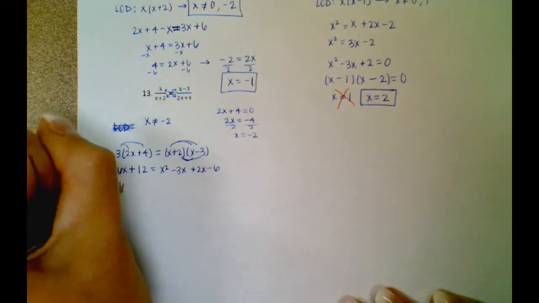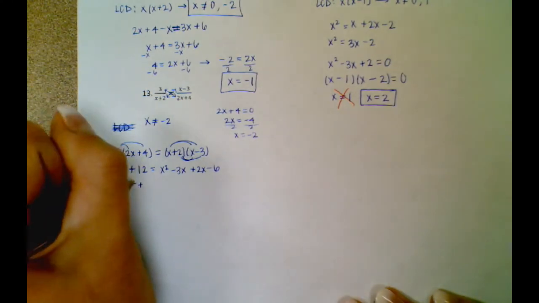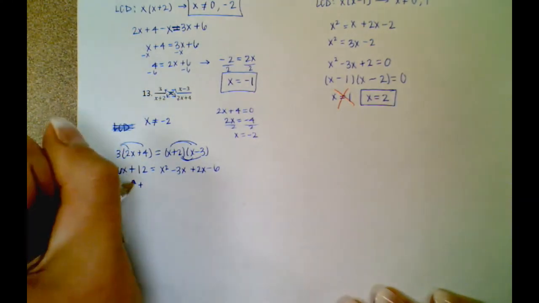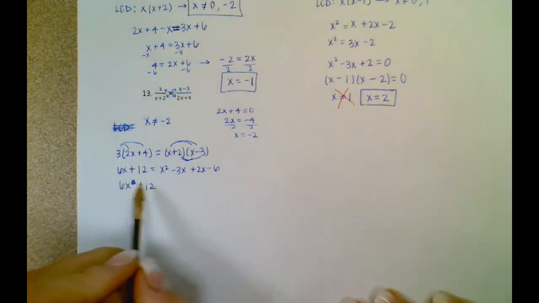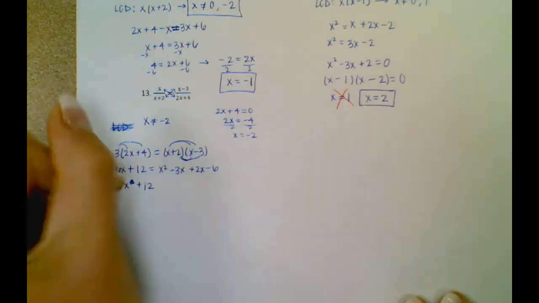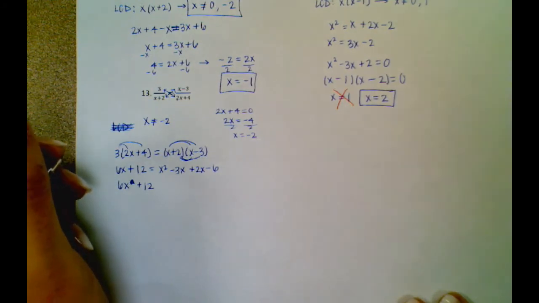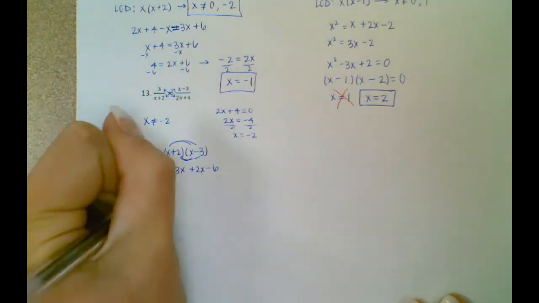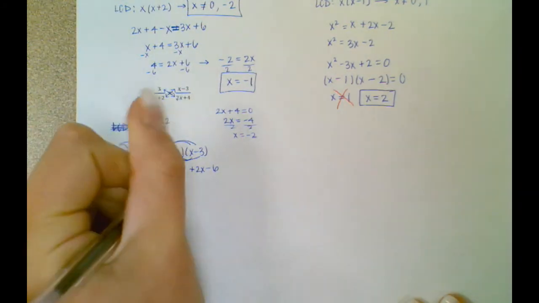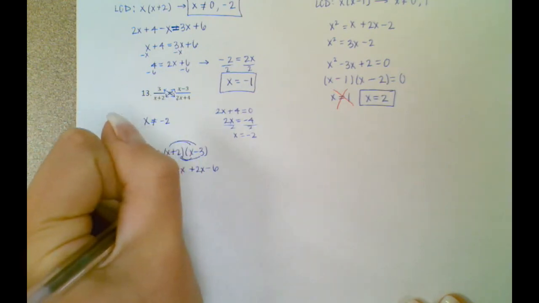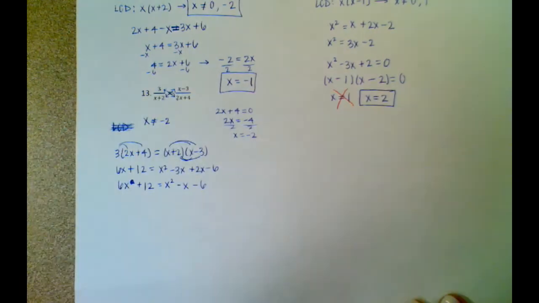Combine like terms, 6x, I don't know why I said squared, plus 12, so 6x plus 12, sorry about that, equals x squared, -3 plus 2 is -1x minus 6.